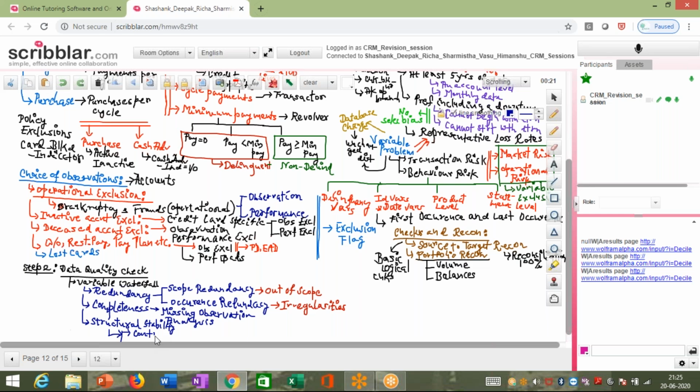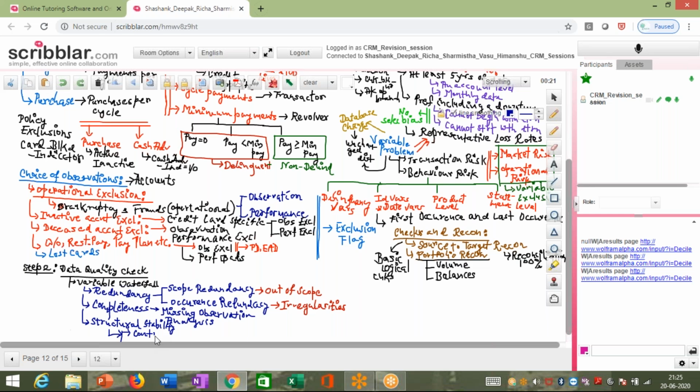Now the question that comes up is how do we do each of these analyses? The first two have taken care of the variable exclusion, observation exclusions, and the first occurrence, last occurrence analysis. For the third one, we are trying to assess the missing observations.